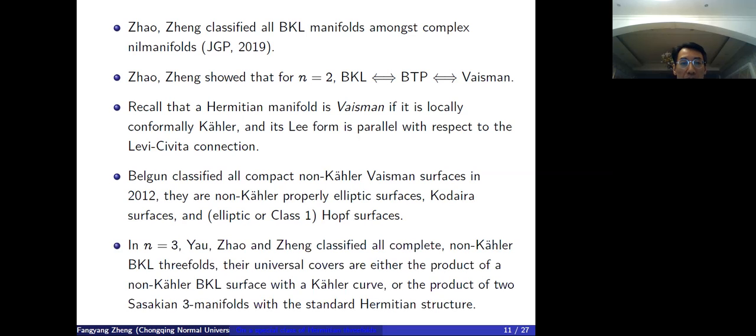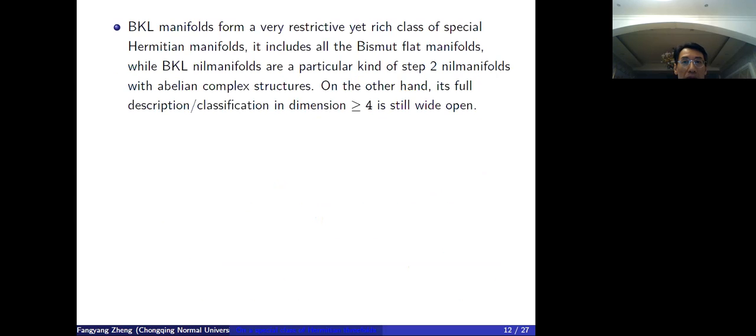In dimension 3, Yao and Zhao and myself also had a classification theorem. So we basically did the 3-dimensional complete ones. They turned out to be just the product of two Sasakian 3-manifolds with a standard product metric. So for instance, SU2 cross SU2, right?